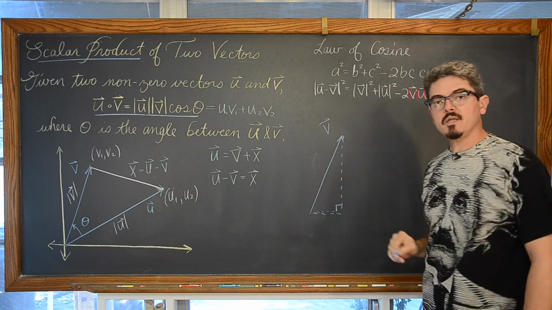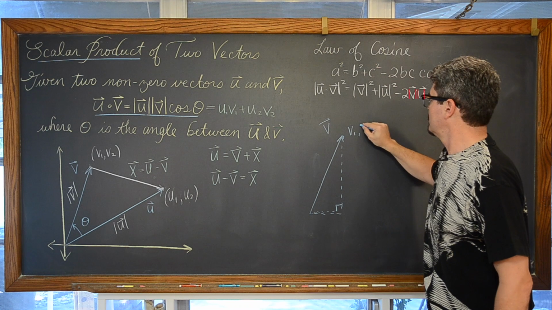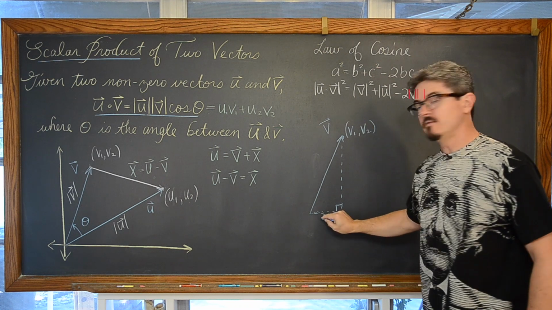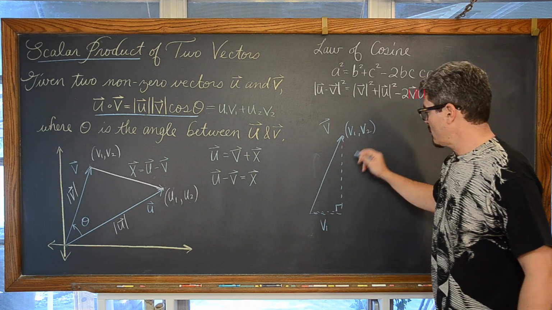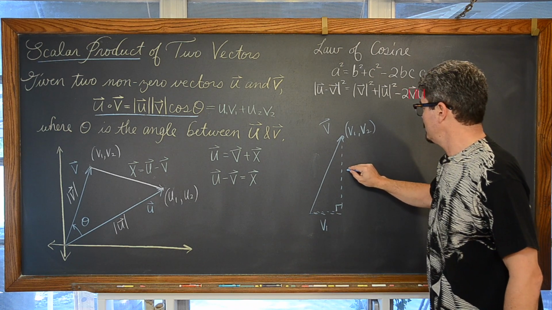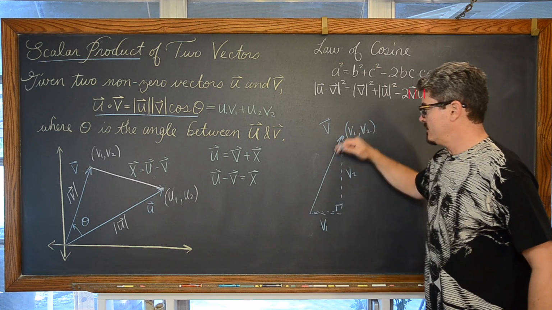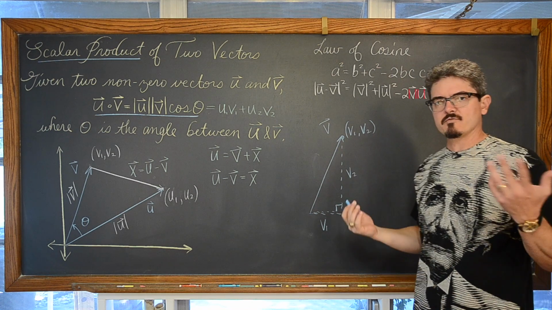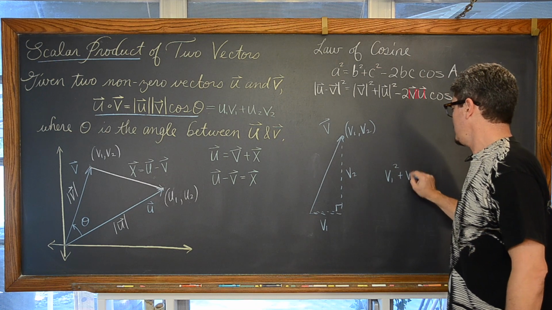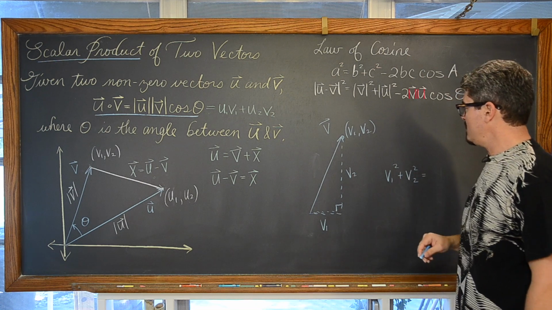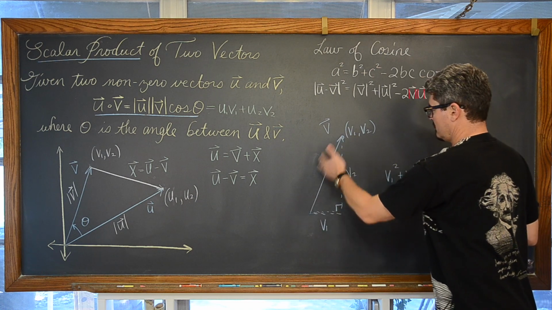And if the terminal point here is v sub 1, v sub 2, then this is length v sub 1, and this vertical component, of course, is the v sub 2. And if we want to work out the magnitude or the length of the hypotenuse of this right triangle, we know that just from Pythagorean theorem. It's v sub 1 squared plus v sub 2 squared is equal to the length of this side squared.